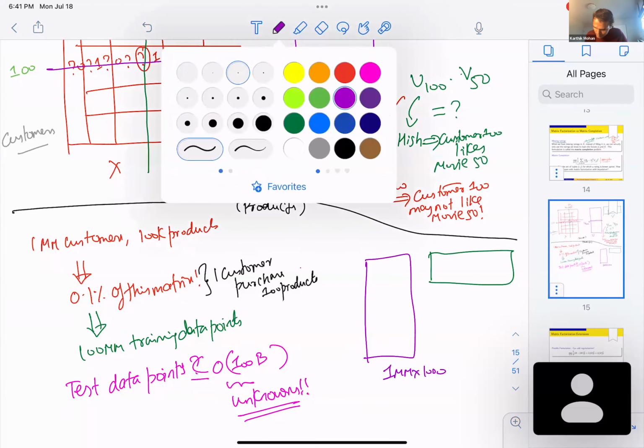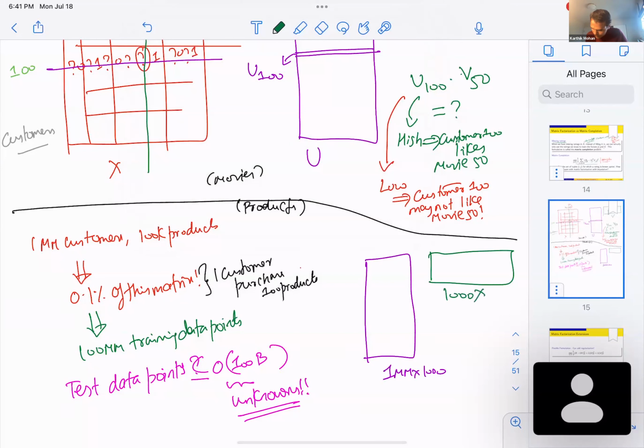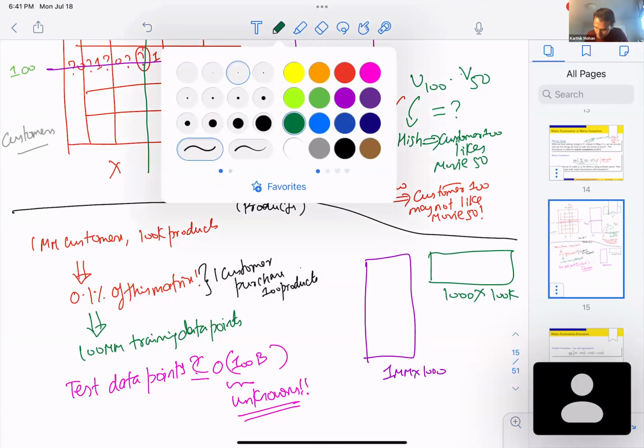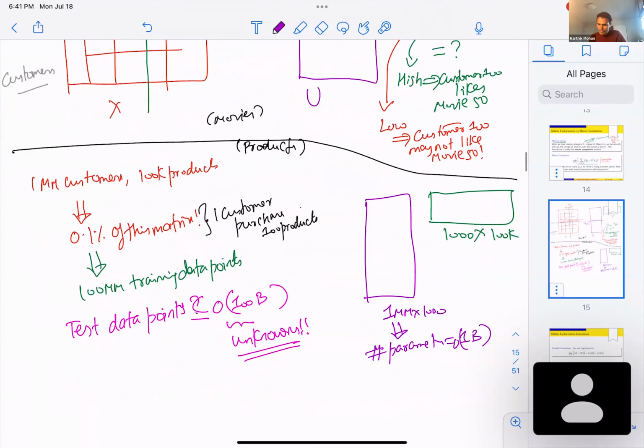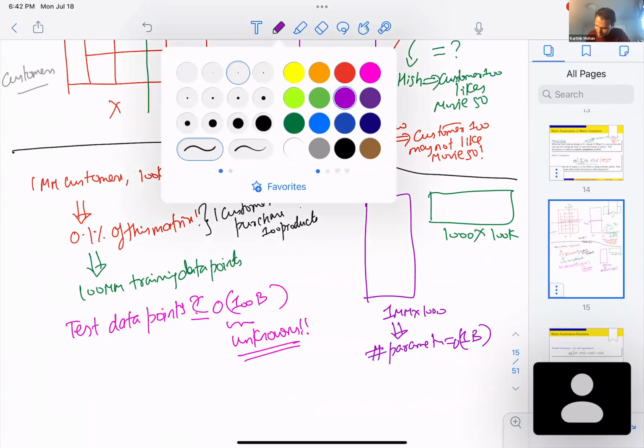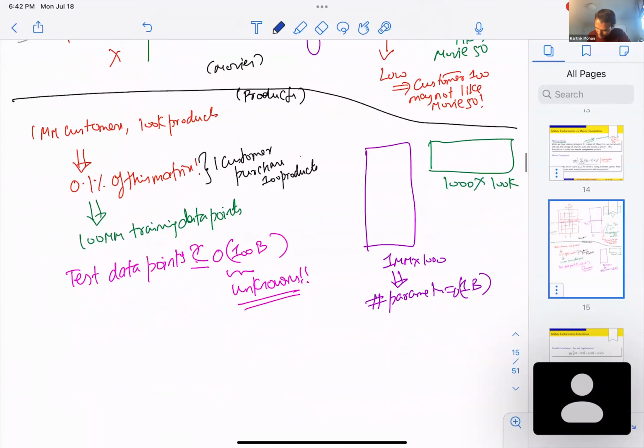And V is 1,000 by 100K. So this tells us that the number of parameters equals 1 billion. So you have 100 billion unknowns, you have 100 million training data points, and you have 1 billion parameters. Okay, so let's write that down here. So this is 100 million train data points.